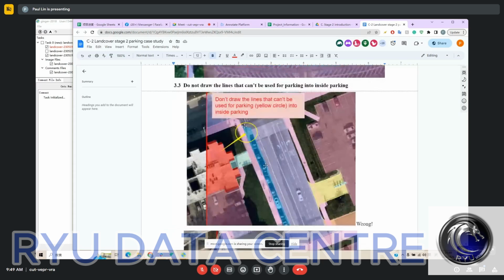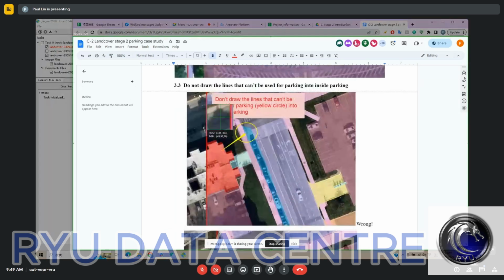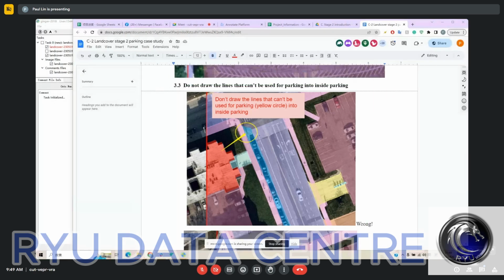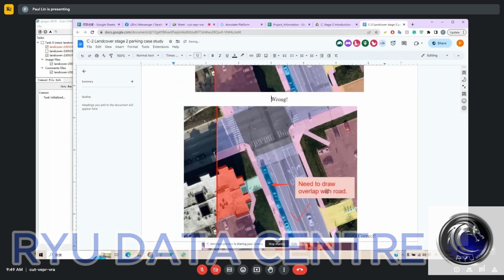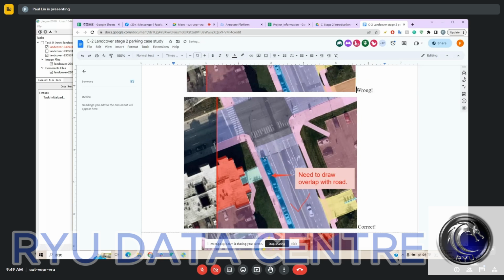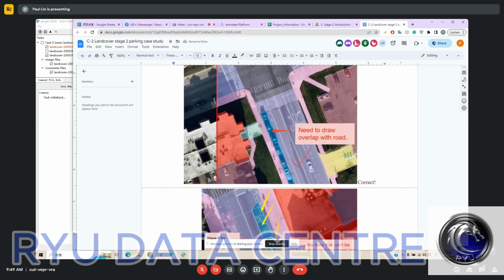And in this case, this inside parking is being wrongly drawn because this line here, this road marking, is not used for vehicles to park. This is wrong. And this is the correct example, where we only capture the marking that's used for vehicles to park. This is the correct boundary of the inside parking.